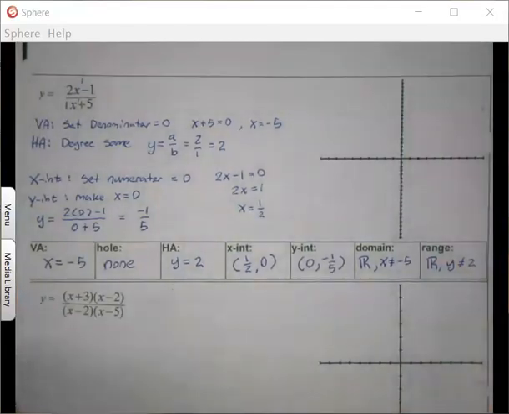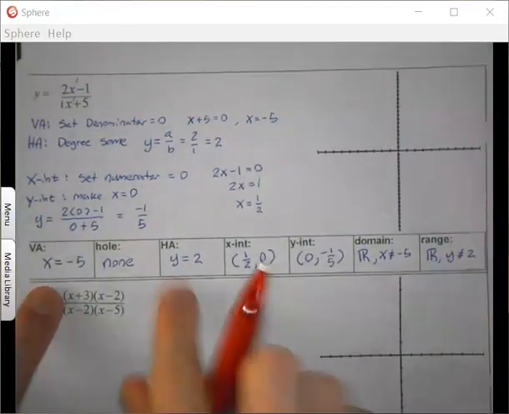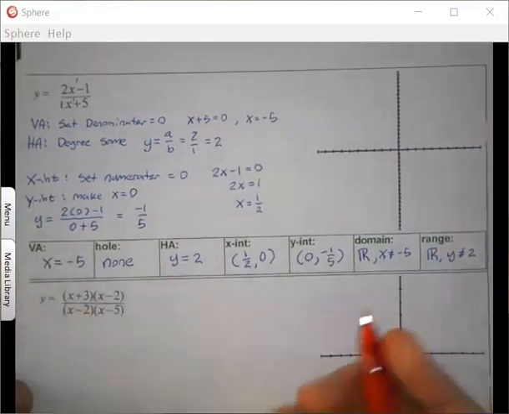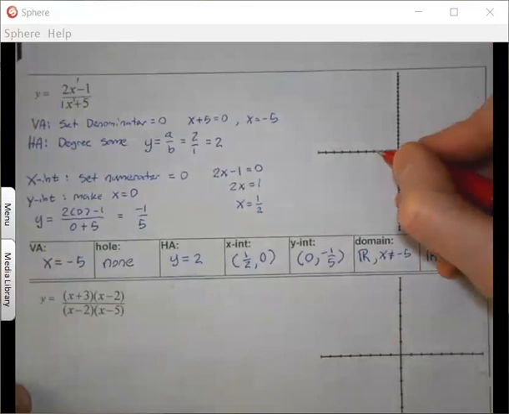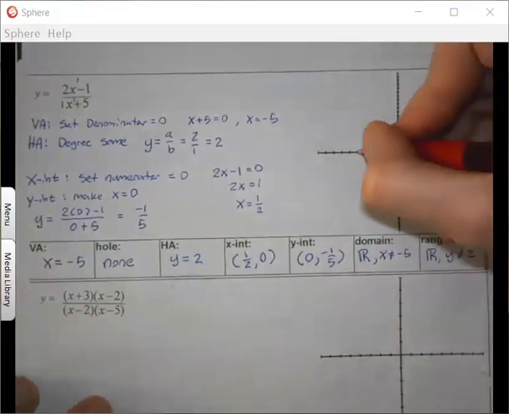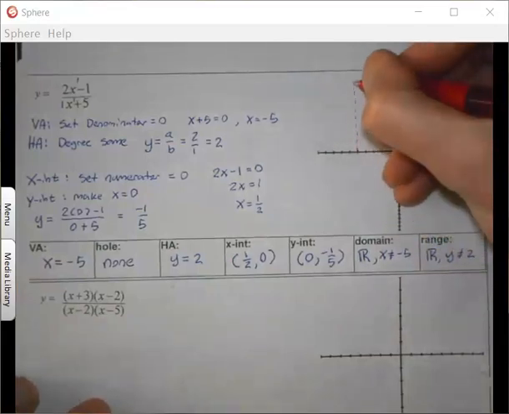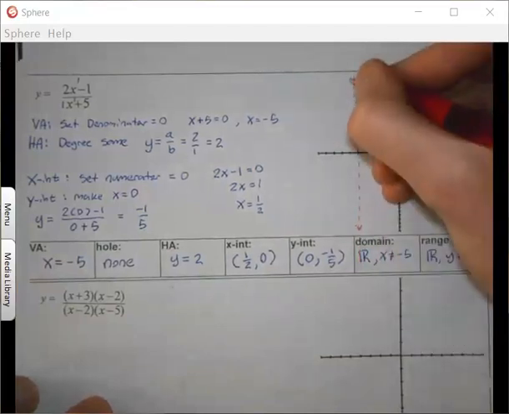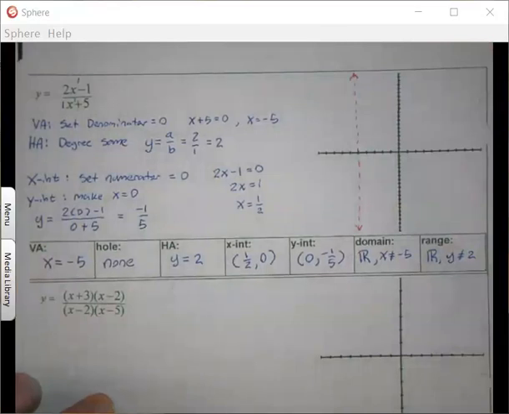All right, let's start with our asymptotes. So vertical at x equals negative 5. Horizontal, y equals 2.